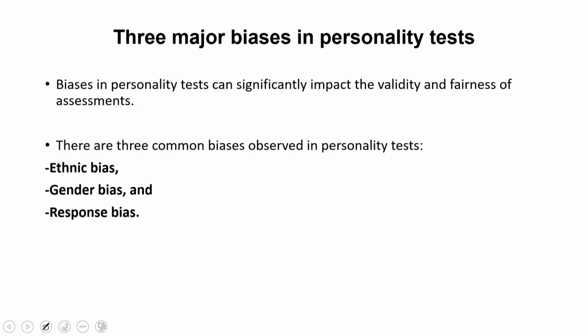In addition to that, there are three major biases which are possible in personality tests, intentionally or unintentionally. These three common biases which are generally possible in, or have been observed in, personality tests are ethnic biases, gender biases and response biases.